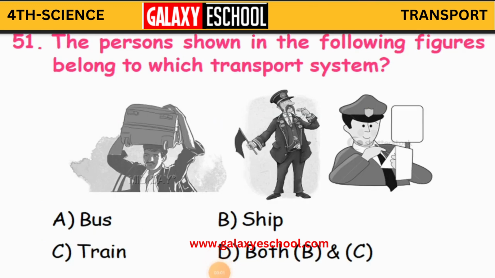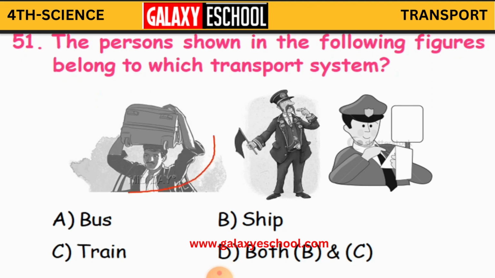The persons shown in the following figures belong to which transport system? See children, here you can see three pictures of some persons who belong to some transport system. We have to identify.